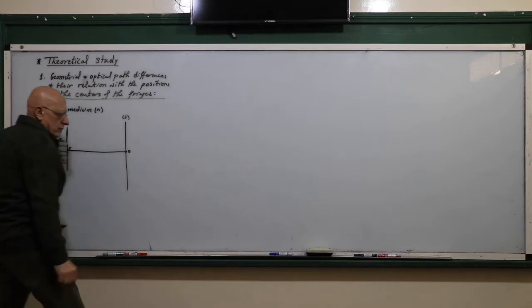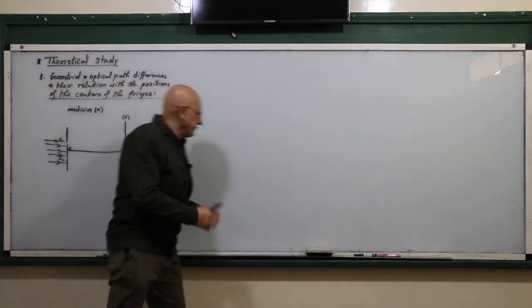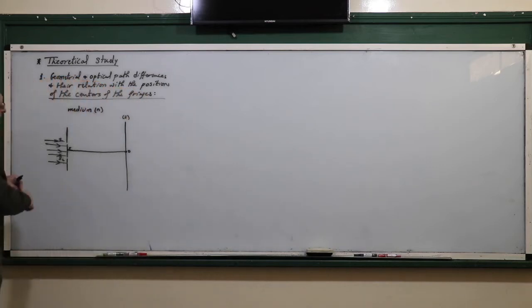I am going to introduce here a letter A, which represents S1S2, the distance between the two slits. So you have here S1S2 equal to A. Don't be confused with A in the case of diffraction.